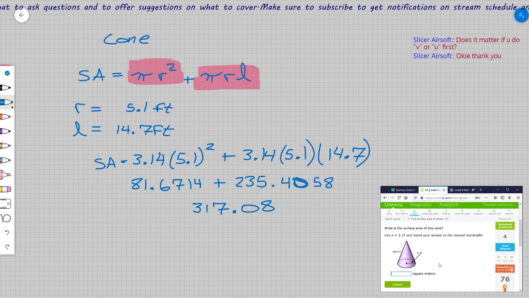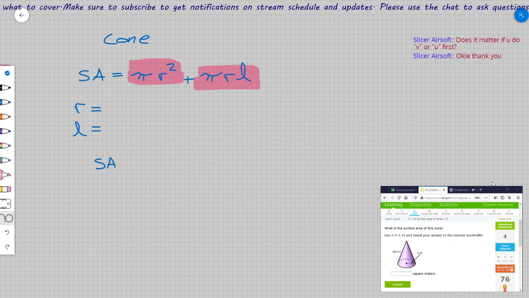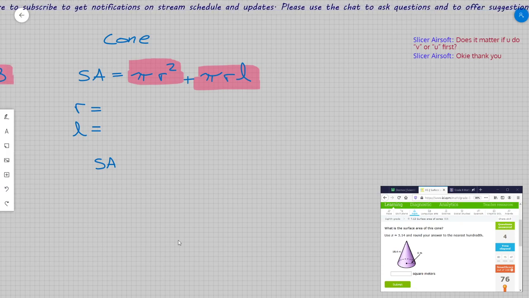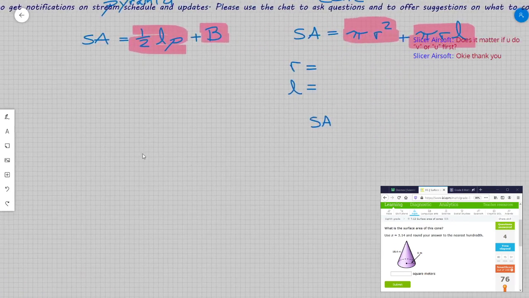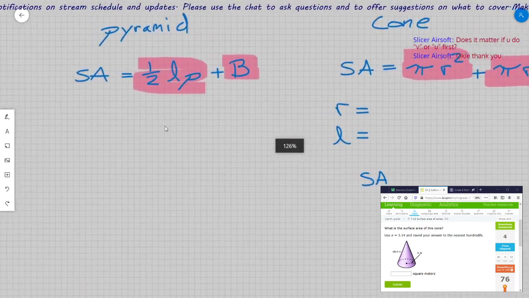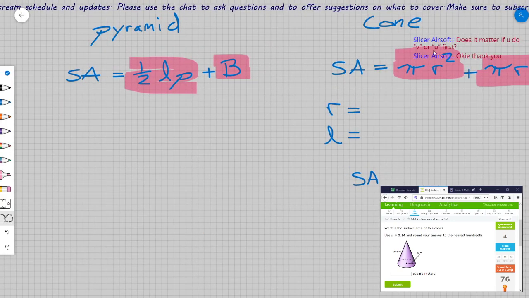And we did well. I am going to try real quick to see if I can pull up a pyramid question so we could work at least a few on those. So what I am going to do is try to move this out of the way. I'm going to erase this cone stuff over here.